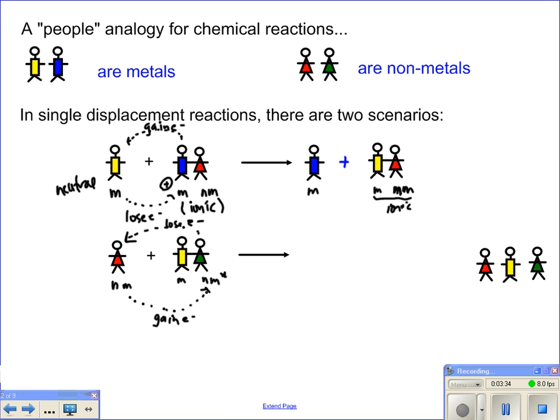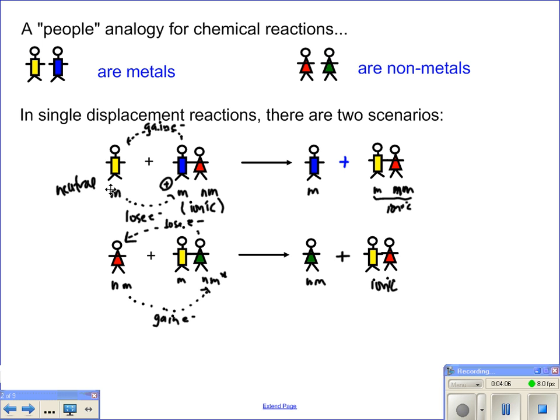And again, it depends on whether red is strong enough to actually overtake green and take that dance position, if you will. So the switch ends up looking like this. We have green out by herself and yellow and red dancing together, forming a new ionic compound because the anion has changed, and we have a new neutral non-metal standing out here.